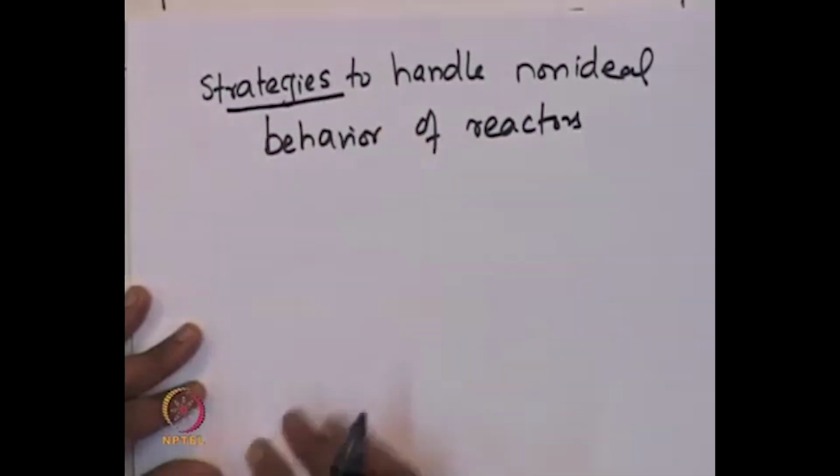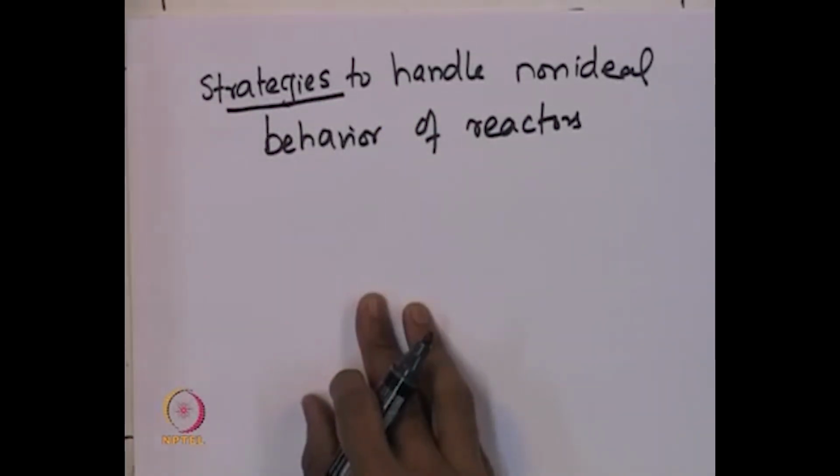It is important to come up with strategies to handle the non-ideal behavior of reactors, and this is very common because the ideal reactors such as the plug flow and the mixed flow reactors are not a good representation of real world reactors. They do not behave exactly like the plug flow and the mixed flow, and in fact, we will see in future lectures that one can clearly show using the residence time distribution that real reactors do not necessarily behave like a plug flow or the mixed flow.